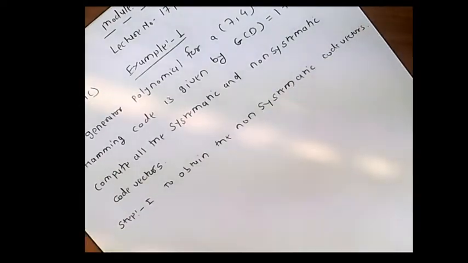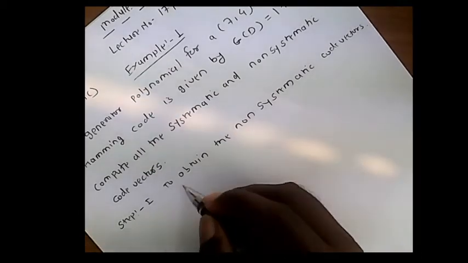In the previous lecture we already discussed the steps to obtain the non-systematic code vectors.